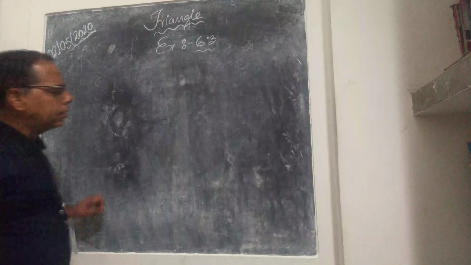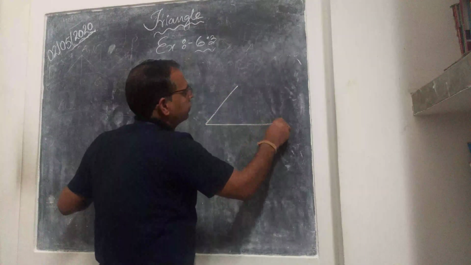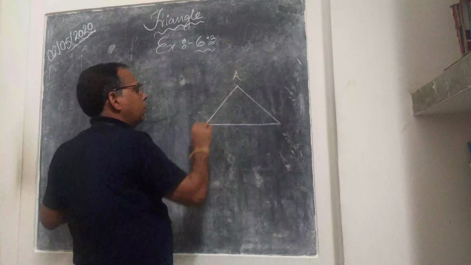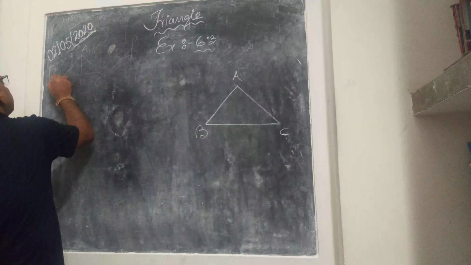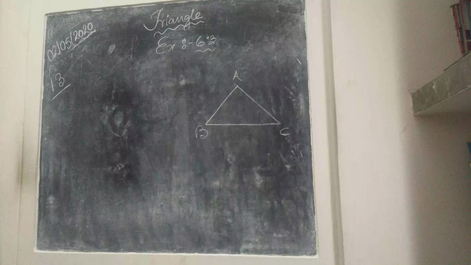So first of all, you draw the diagram. What is the diagram? Triangle ABC. So draw triangle ABC. D is the midpoint of BC.